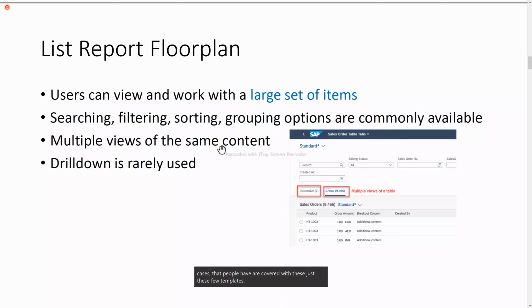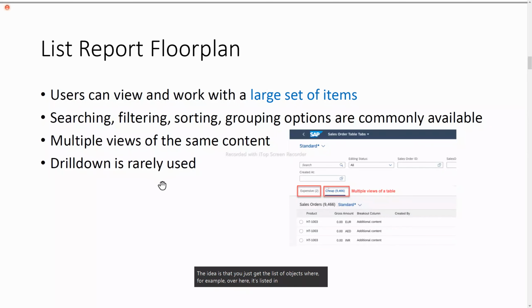The first one is called the list report floor plan. It's basically just the list of objects. So over here, you have a page with standard elements like search or filtering fields and the list of the objects. The idea is that you just get the list of objects, where, for example, over here it's listed.